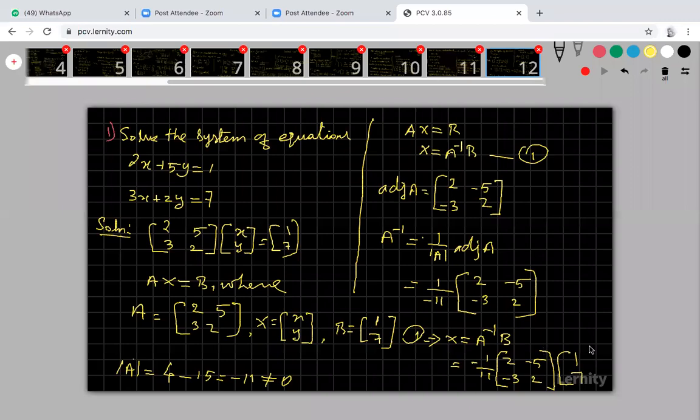Now multiply these two matrices. Matrix multiplication is possible: this is a 2 cross 2 matrix and this is 2 cross 1. The number of columns here and the number of rows here are both 2, therefore both are equal, so matrix multiplication is possible. Multiply.